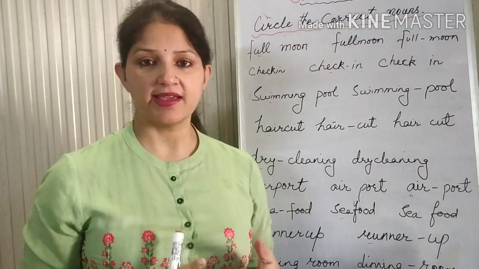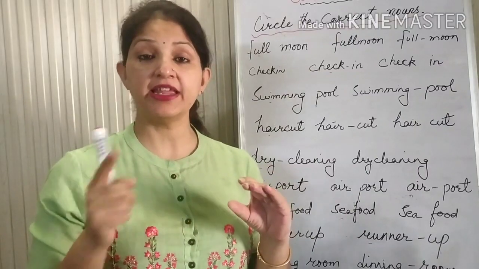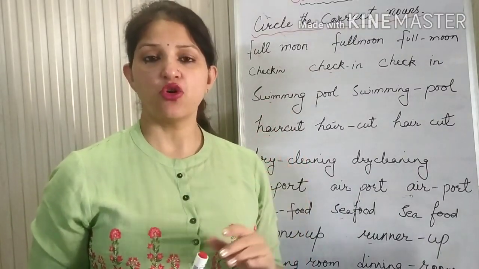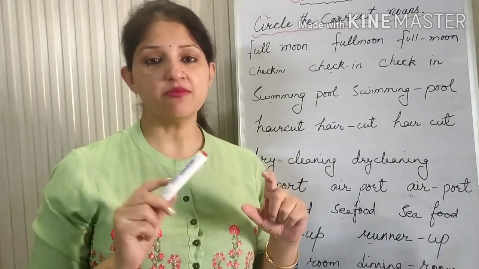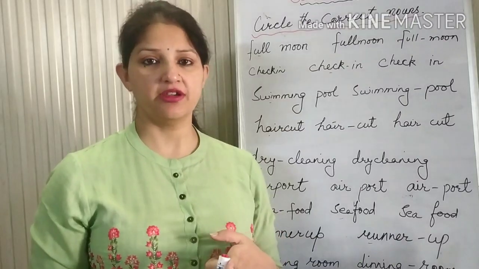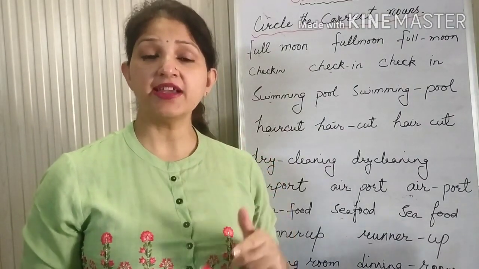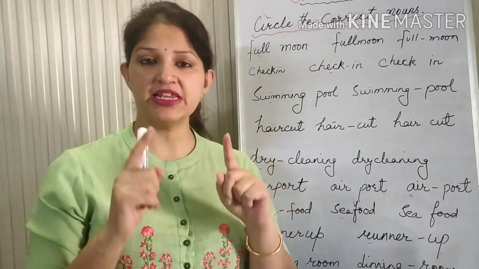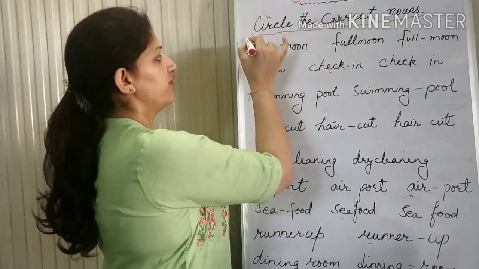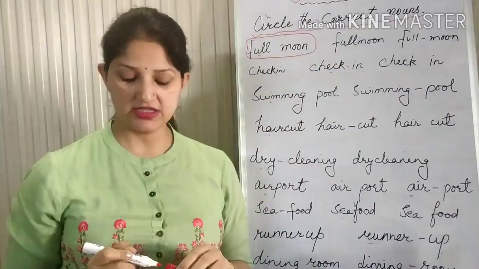Here you can guess that moon is the main word and full is just telling about the moon, that the moon is full at this time, right? So the main word is moon, and full is working as an adjective. My dear friends, I told you when the noun acts as an adjective, we leave a space between them. So in this case, full moon with a space is the correct answer.